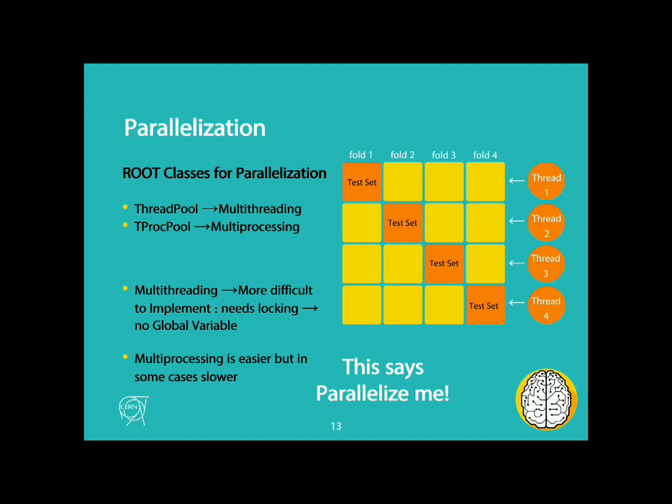In multi-processing, the processes can have a copy of the memory. Because in multi-threading we are using the same memory, we cannot have global variables. We need locking. But in multi-processing, because we have the copy, it is easier to work, but it is a little bit slower because you have to copy everything.